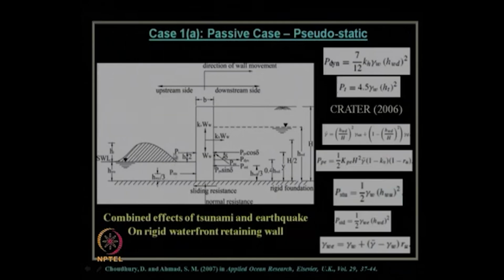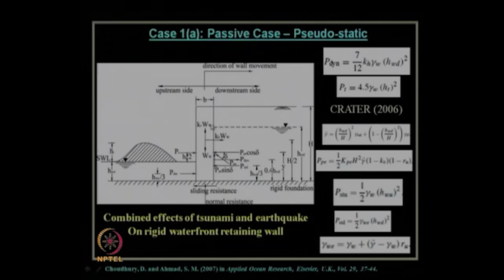Now, the tsunami pressure P_t needs to be calculated. That tsunami pressure is acting on the wall in this direction. Because it is attacking the wall, let us say it is acting at a height of h_t by 2 from the sea water level. Clear? Now, the direction of wall movement is towards the earth, that is why we said it is the passive case.